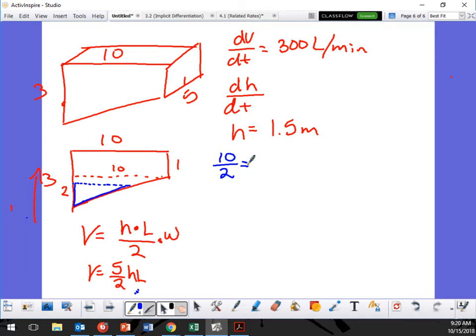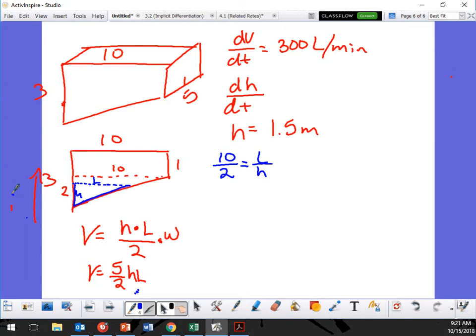L over H. L over H. Because it's similar. So this is my L here, and this is the H. Because I'm going to use proportion to get rid of one of these, because I have too many variables here. Okay, because I have a value of H, but I don't have anything in terms of L, do I? So I'm going to eliminate the L from my problem.